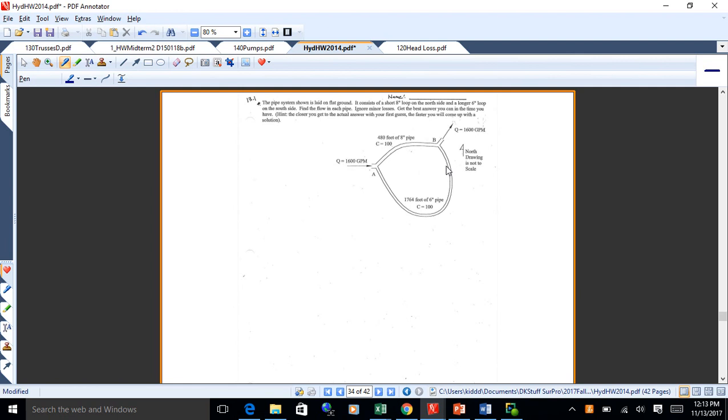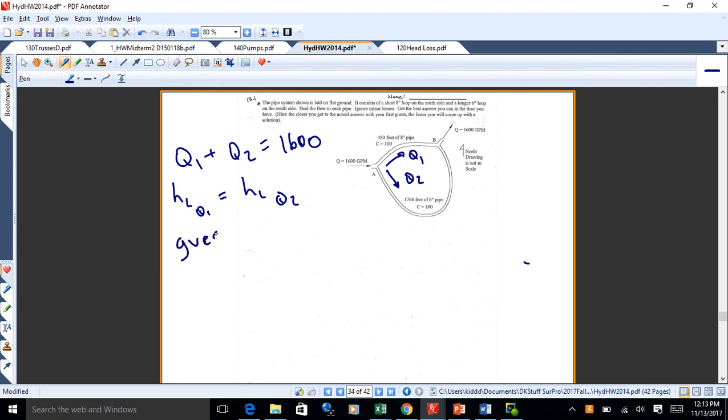Okay, so you know that Q1 plus Q2 has to equal 1,600. And you know that the head loss for Q1 has to equal the head loss for Q2. So guess and check is basically how you do these.